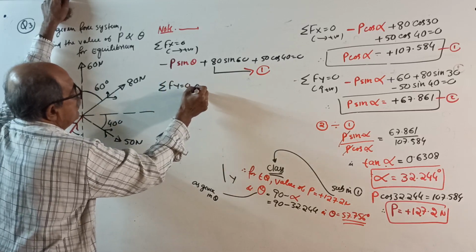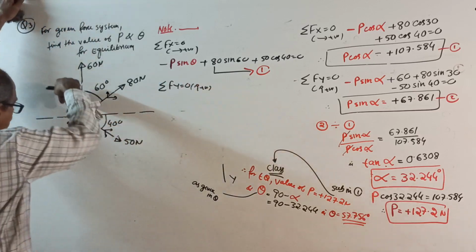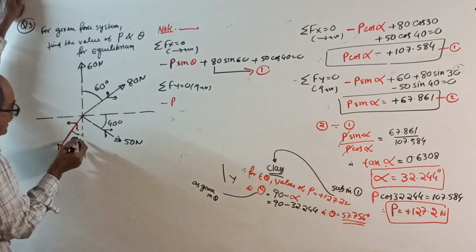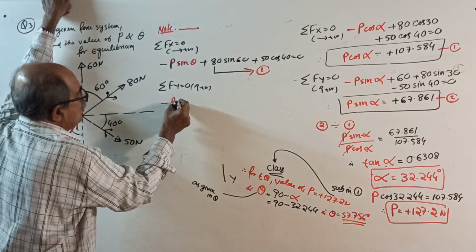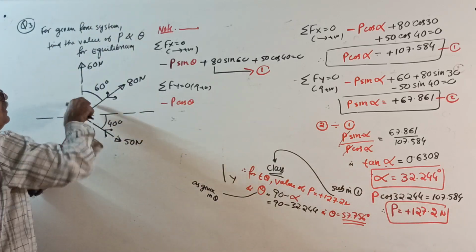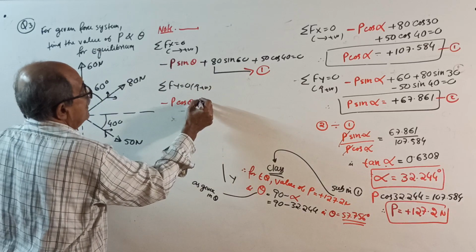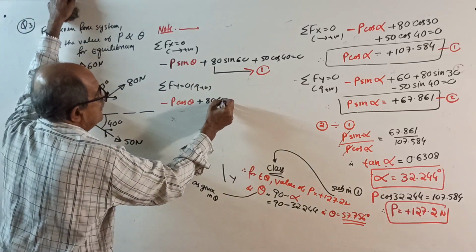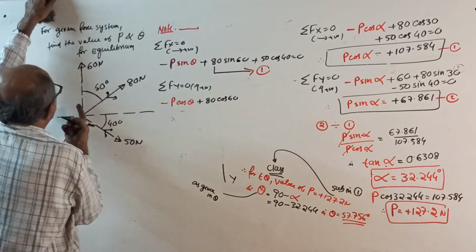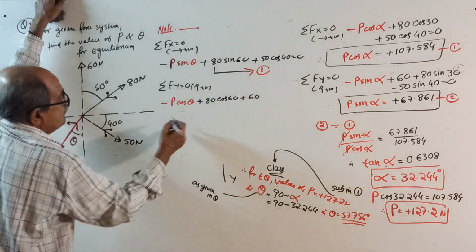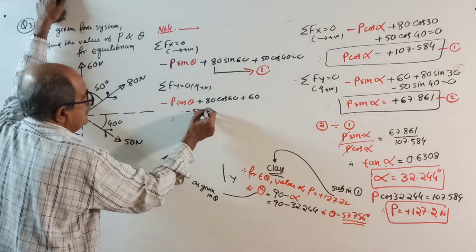Sigma fy equal to 0. I will take upward positive. Minus P into, angle measured is with yy, so y is cos, minus P cos theta plus 80 into cos 60 and also plus 60 minus 50 into sin 40.